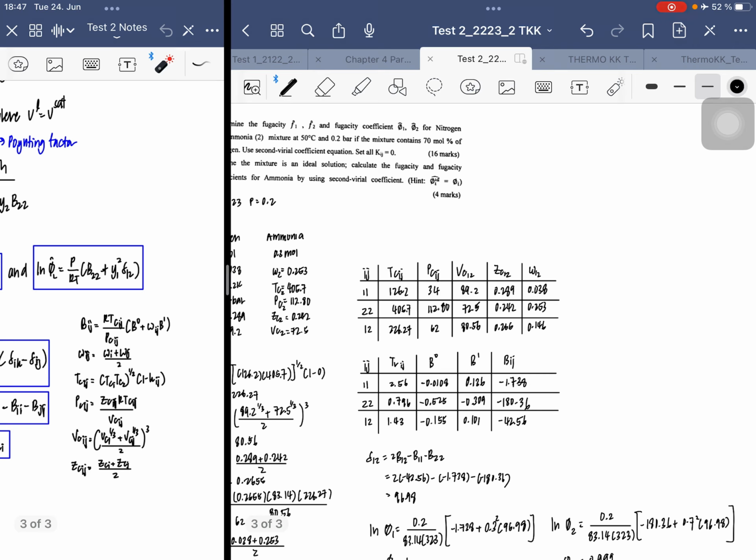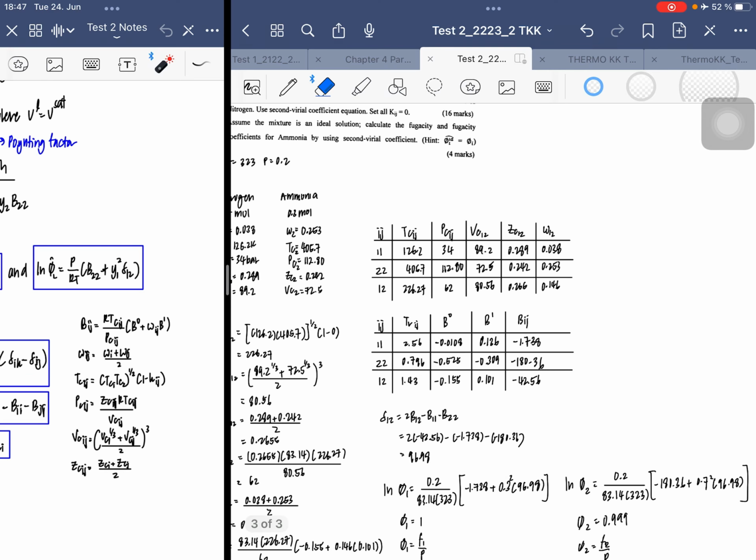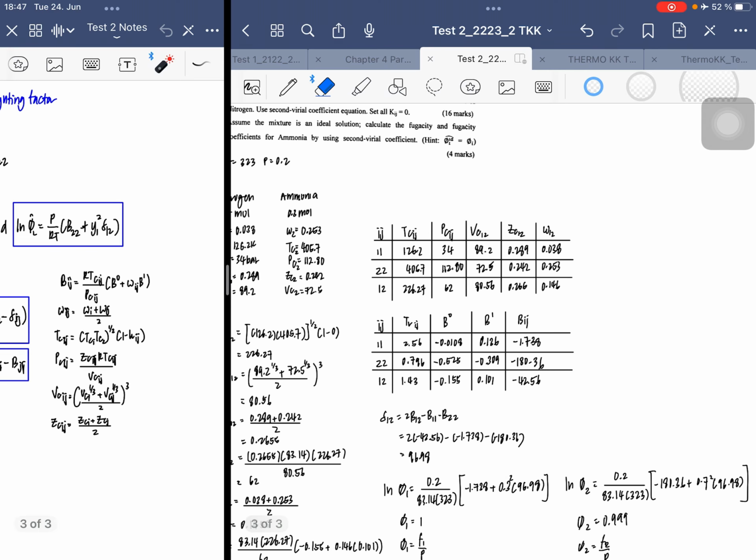Before this, when we went through enthalpy, to combine a critical temperature of a system, we did y1 T1 plus y2 T2, right? But for this fugacity coefficient, it's kind of weird because you have a specific formula for the combined temperature. Every combined thermodynamic property for the fugacity coefficient has a different formula.